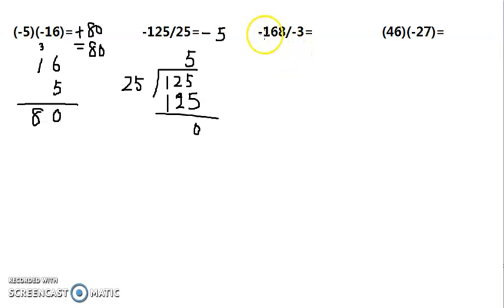Next, we're going to do -168 divided by -3. Negative divided by negative, just like a negative times negative, will also give us positive. And we're going to do long division for 168 divided by 3. Set it up. 3 does not go into 1, but 3 goes into 16 5 times.